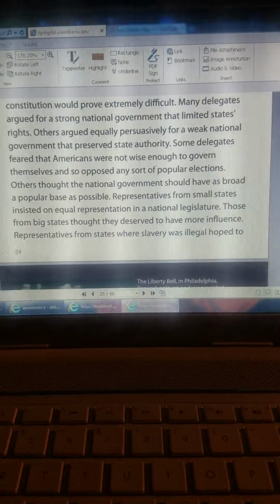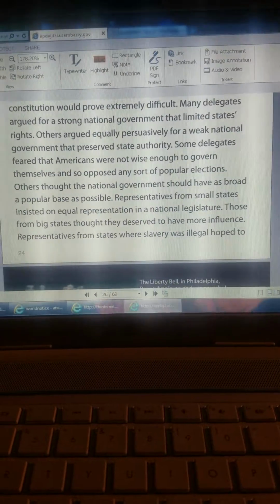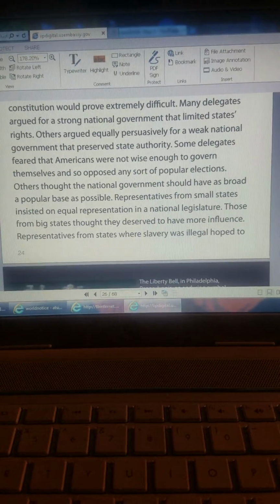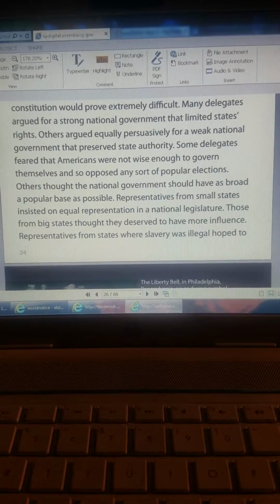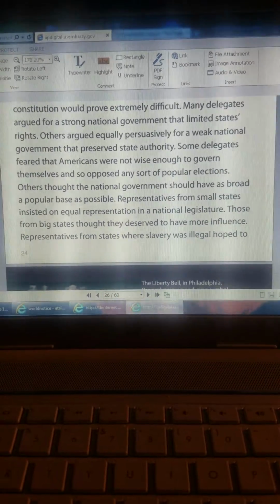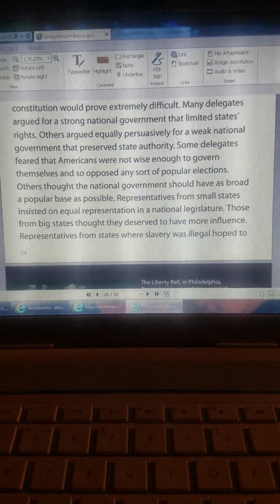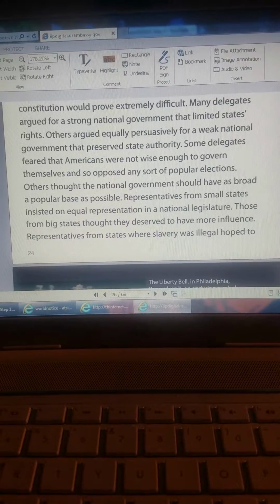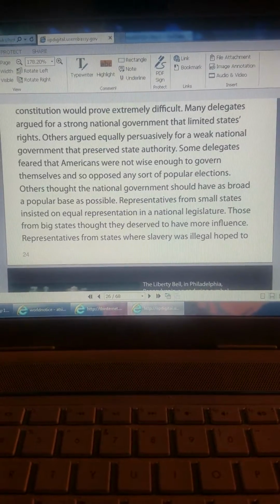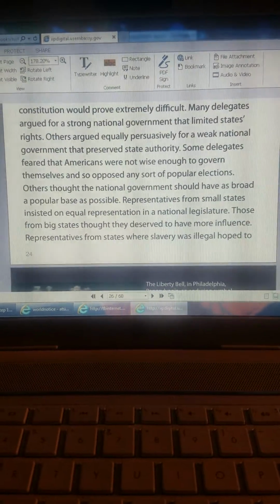Many delegates argued for a strong national government that limited states' rights. Others argued equally persuasively for a weak national government that preserved state authority. Some delegates feared that Americans were not wise enough to govern themselves, and so opposed any sort of popular elections.